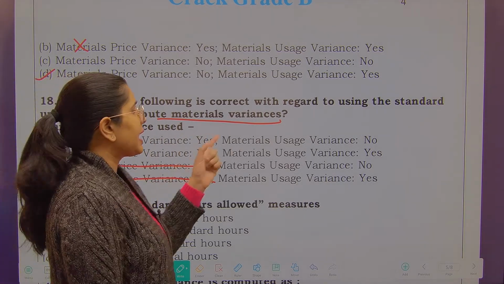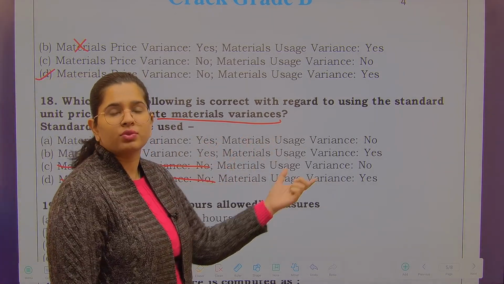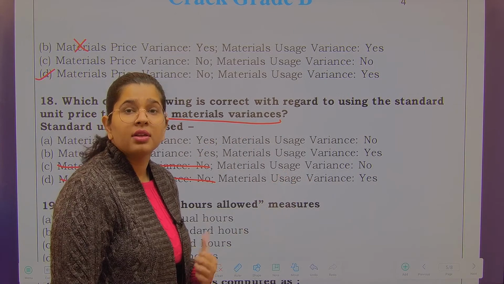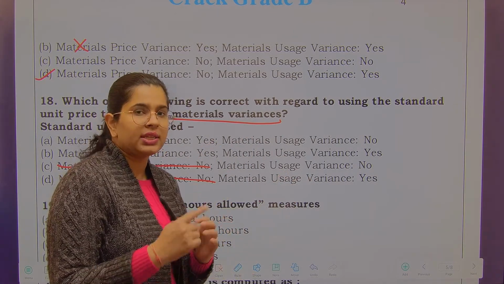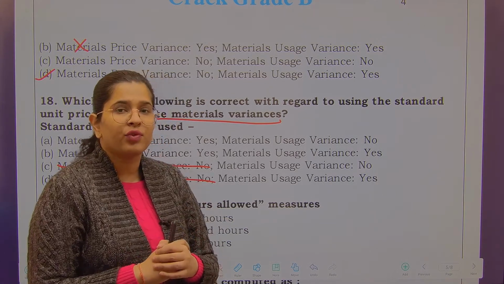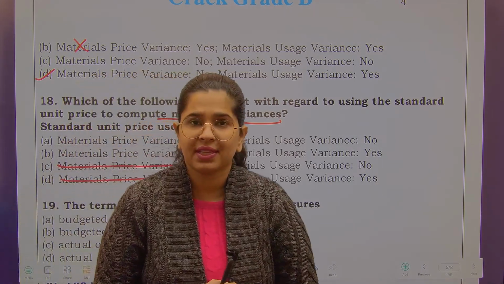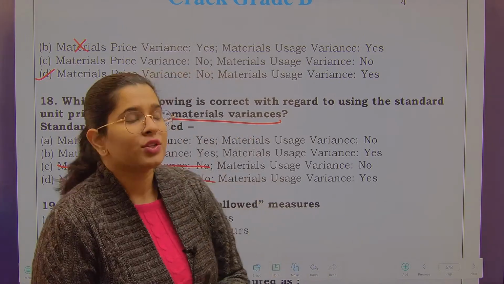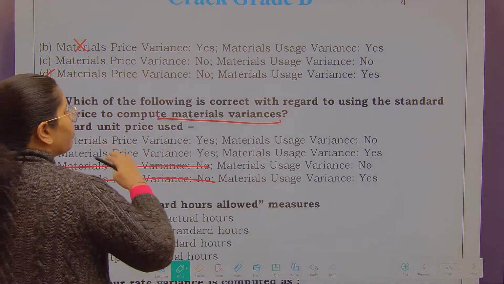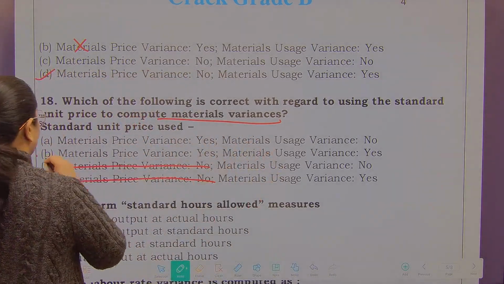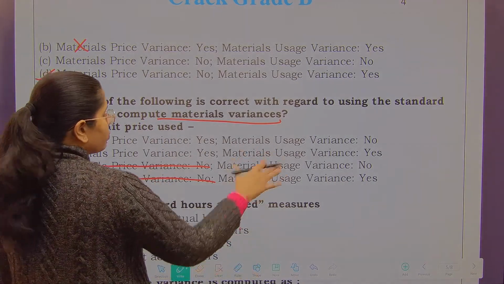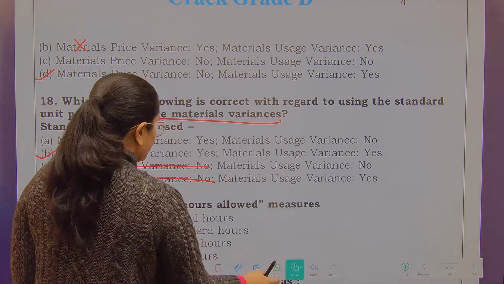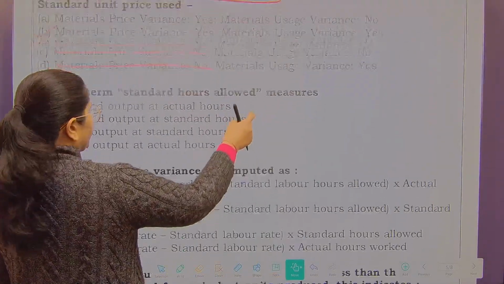Do I use standard price in material usage variance? Yes. When I compare actual quantity with the standard quantity, the thing which I multiply the difference with is standard price. So I use standard price in both these formulas, in material price variance and in material usage variance. So option number B is the correct one.